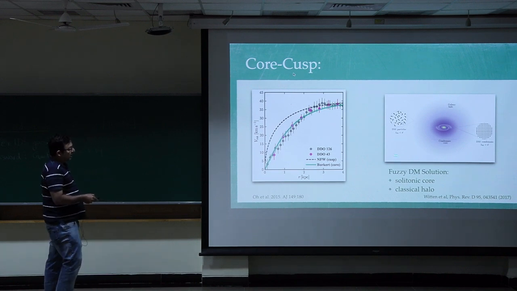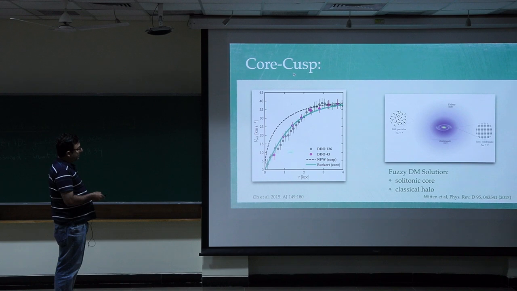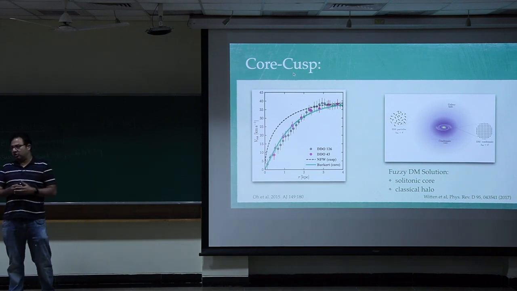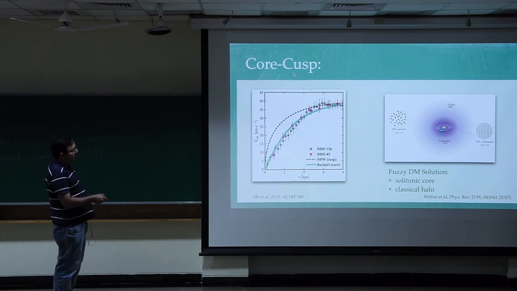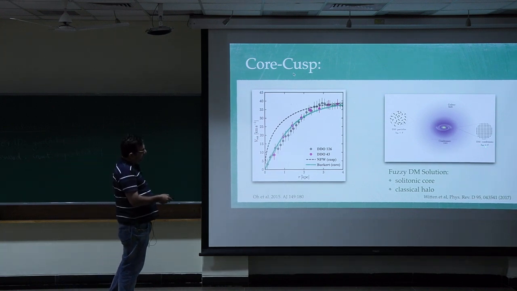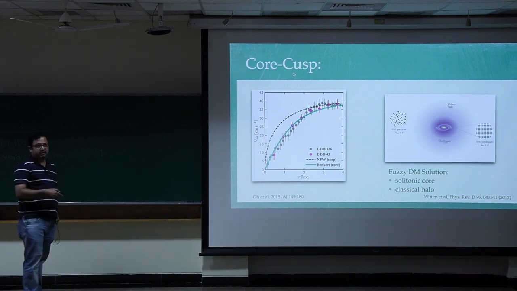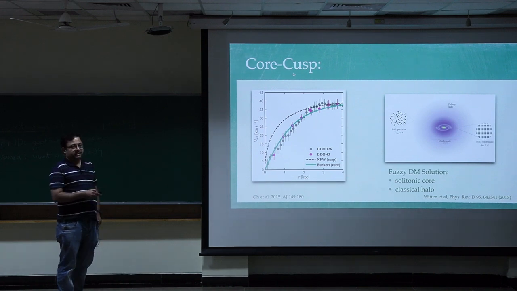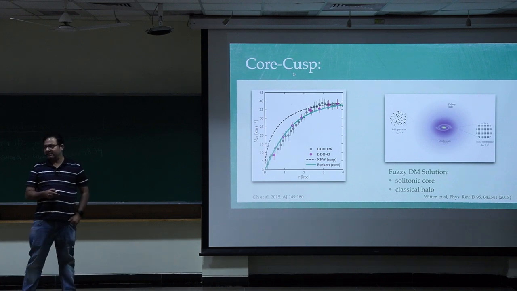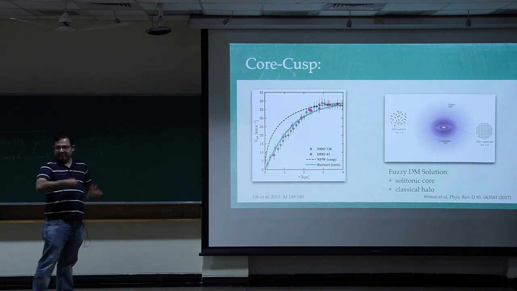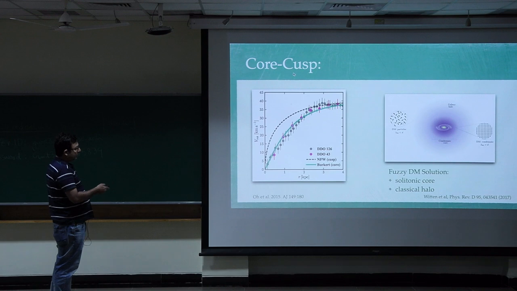One of them is, of course, the fuzzy dark matter solution, which is an exotic solution for core formation, where you assume that at the center there are solitons formed, which is the region where dark matter has coalesced to a situation where the de Broglie wavelength is greater than the inter-particle spacing, and then far away in the periphery of the halo, it still behaves like very rare classical dark matter, because the de Broglie wavelength is probably smaller than the average inter-particle spacing. So that's one possibility.